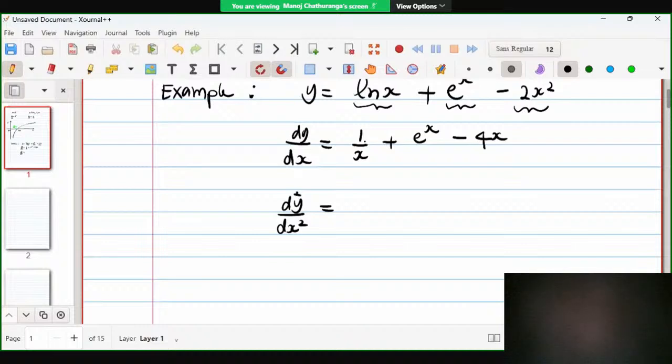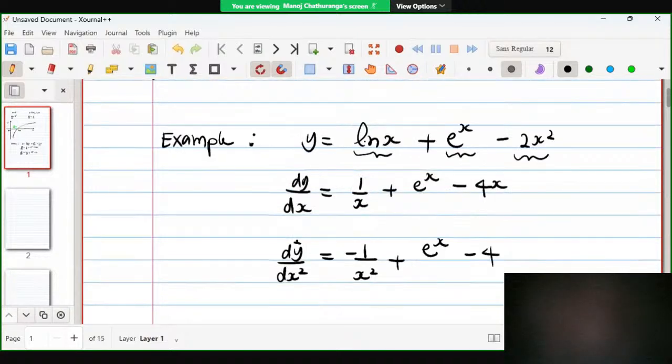For 1 over x, you can apply the power rule again, minus 1 times x to the minus 2. Again, e to the power x doesn't change, minus 4. So likewise, you can keep differentiating this if you want.